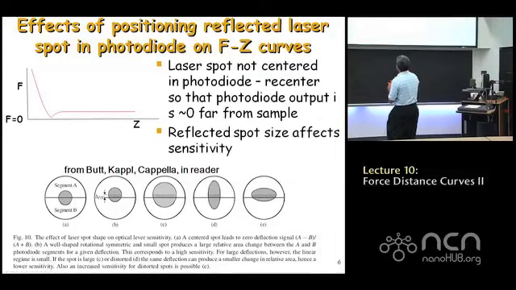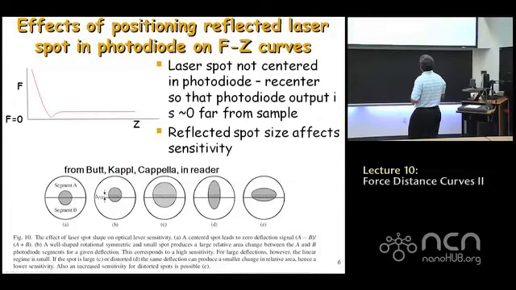So if you have it perfectly positioned in the middle, intensity on top minus intensity on bottom is 0, and you should get 0 deflection, and that force curve should be 0 when you're far from a sample. So when you're far from a sample, you want to adjust the photodiode position so that the deflection comes to 0, because it is 0, right? So that's something you have to do.